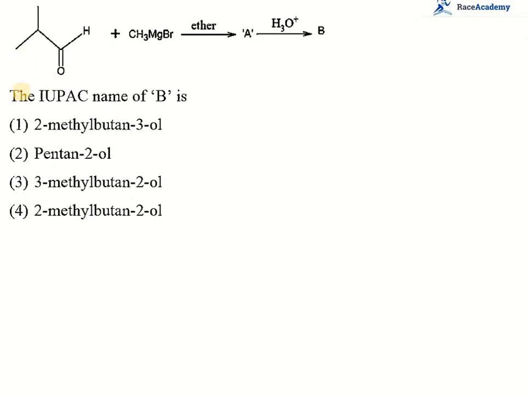Next question. What is the IUPAC name of B in this sequence of reactions? First the carbonyl compound reacts with methyl magnesium bromide in the presence of ether to give A, which is converted into B upon acid hydrolysis.